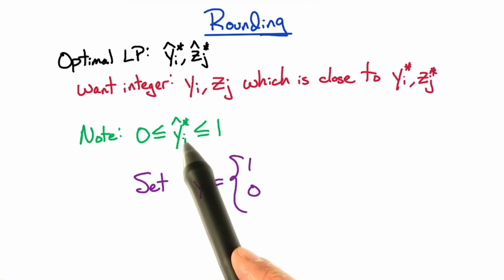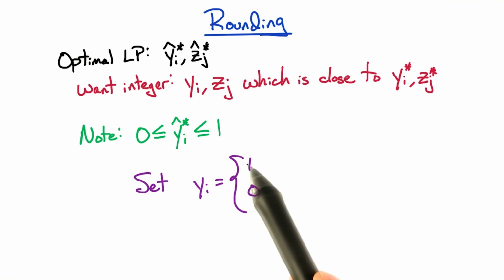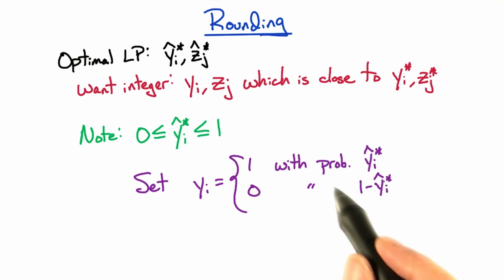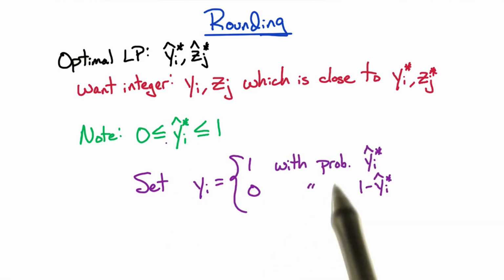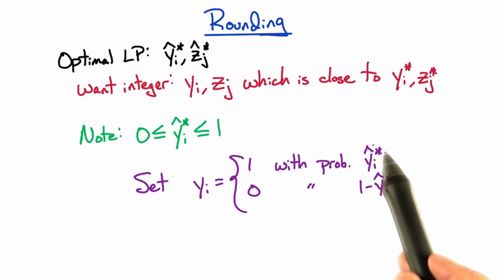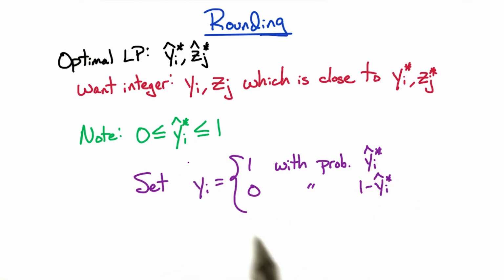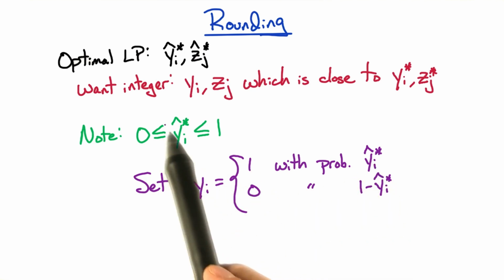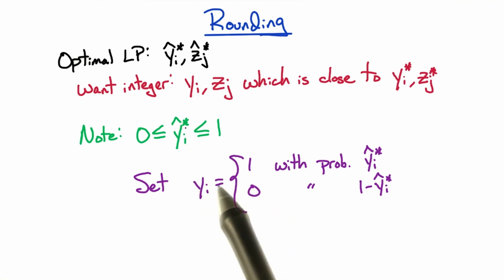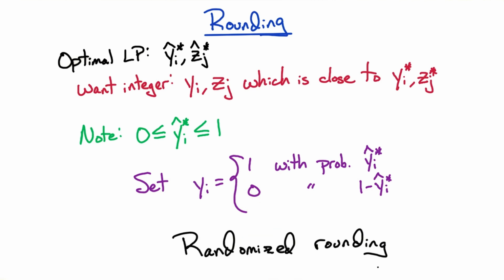So we're going to set yi to be 1 or 0 with probability proportional to this. With probability yi hat star, which is between 0 and 1 and is a real number, we set yi to be 1. So if this is 3/4, then with probability 3/4, we set yi to be 1, and with probability 1/4, we set it to be 0. This is known as randomized rounding.